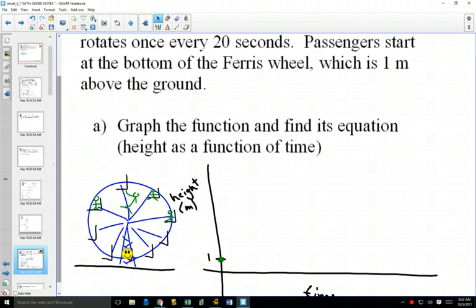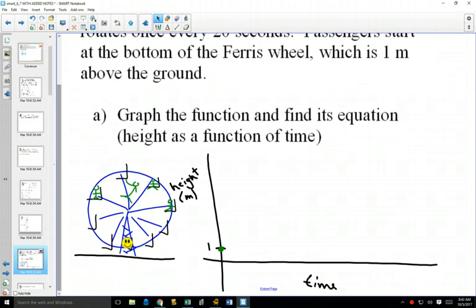How do we use the rest of the information in this question to draw the other points? Now, because this is going around in a circle, it repeats itself. And anything that goes around in a circle and repeats itself will draw a sinusoidal graph. So it'll draw a sine or a cosine graph. So what's another point that we could graph on here? I've got 0, 1.